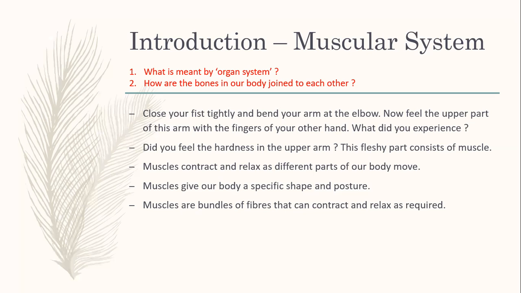Now, as you bent your arm and saw that bulge, what you actually observed was that the muscle which is present in the upper side of your arm contracted. Now, in this way, muscles function. So, muscles contract and relax.